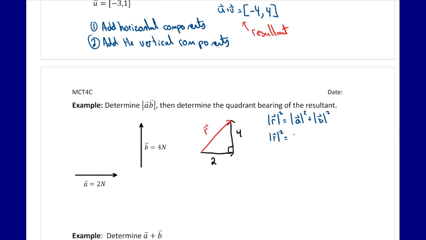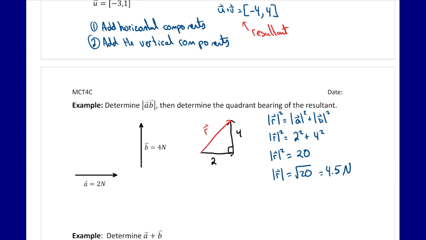So we have 2 squared plus 4 squared. The magnitude of r squared is equal to 4 plus 16, or 20. If I want to find just r, I have to take the square root of 20, or roughly 4.5 newtons. If you want to keep it as the exact value, you can leave it as the radical, the root of 20, as well.